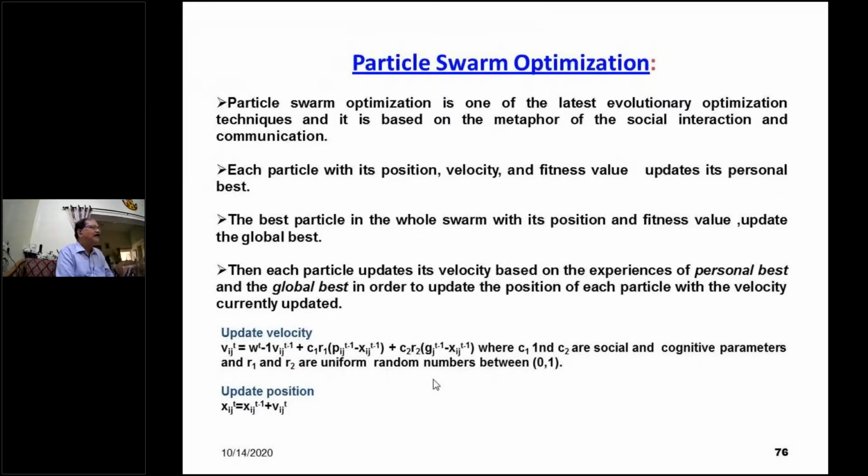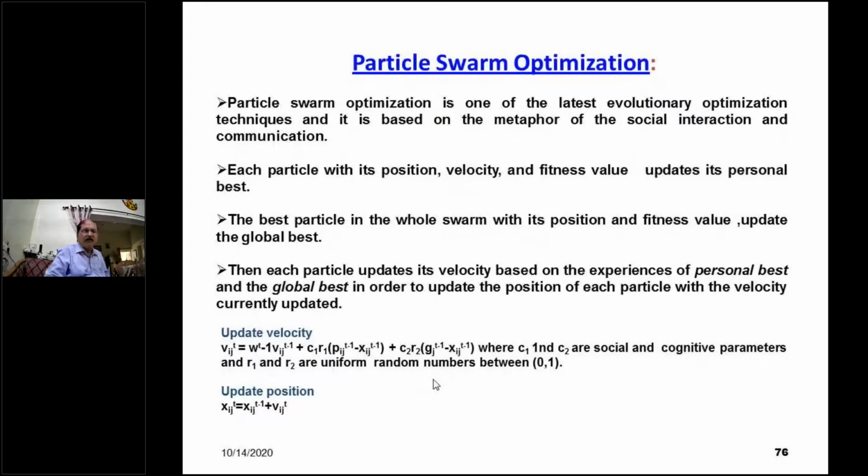Now in this you create a swarm, that is a population is being generated, or a set of solutions is being generated, and each solution is updating itself. So that is the personal best. So far they have achieved the best, that is the personal best, and among these swarm, one is the best, that is known as the global best or G best.